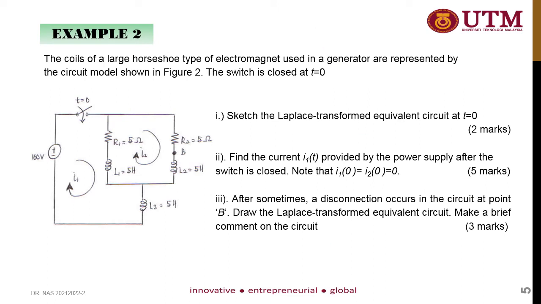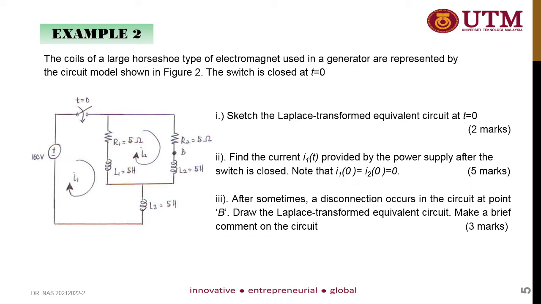Okay, let's look at the second example. Given the coils of a large horseshoe type of electromagnet used in a generator are represented by the circuit model shown in figure 2, and the switch is closed at t equal to 0.